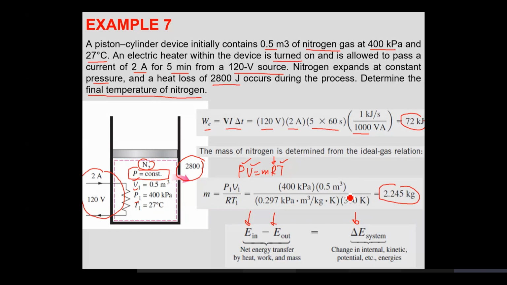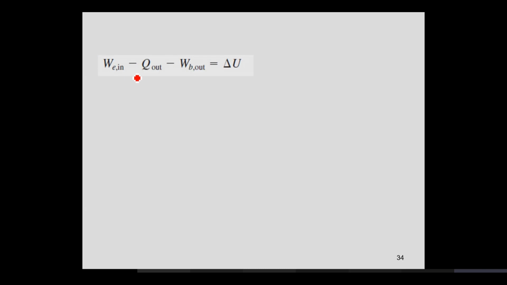For a constant pressure process in a closed system, you have work electrical in minus Q out minus boundary work equal to delta U. Or, if you remember the equation in this form, you have Q minus W equals delta U, and you divide W into other work and boundary work.